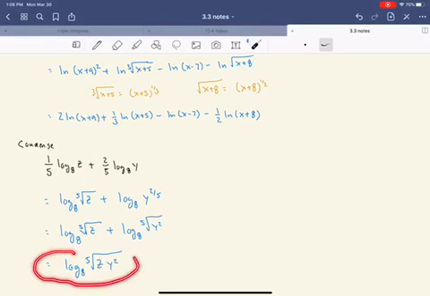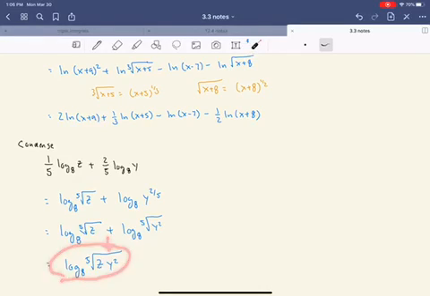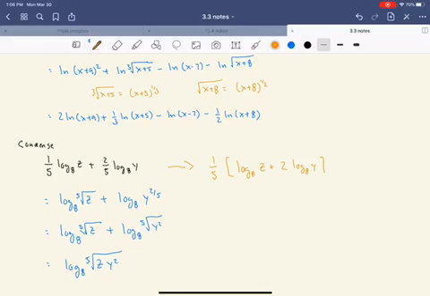And now finally, when you add logarithms together in the same base, that means you multiply inside of the logarithm. Okay? We could have also gone about this another way. We could have said, well, this is 1/5 log base 8 of z plus 2 log base 8 of y.